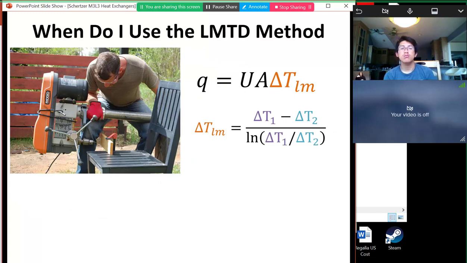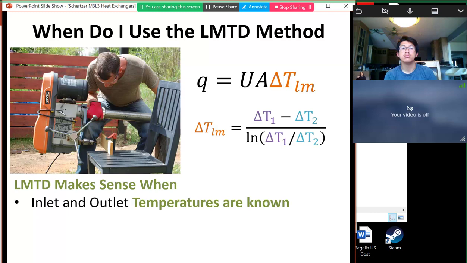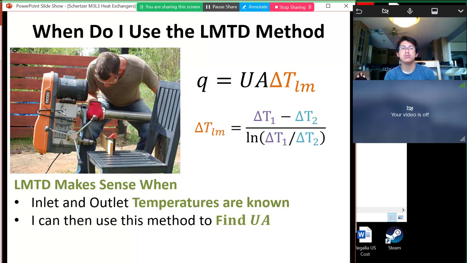So when we're doing heat exchanger problems, one of the things that we'll have to do is determine what's the right tool, what's the right solution method, right? So we use the log mean temperature difference method in certain cases. We can use it if we know the inlet and outlet temperatures, and then I can use it to find UA, or to find Q. Usually I'll either know the size or I'll know the heat transfer, and I'm trying to find the other thing.